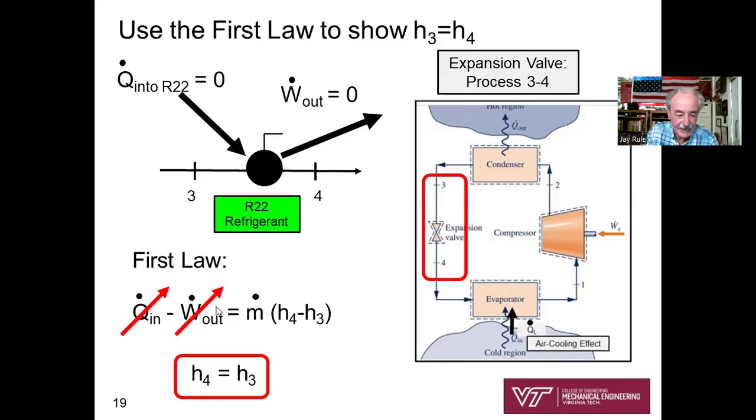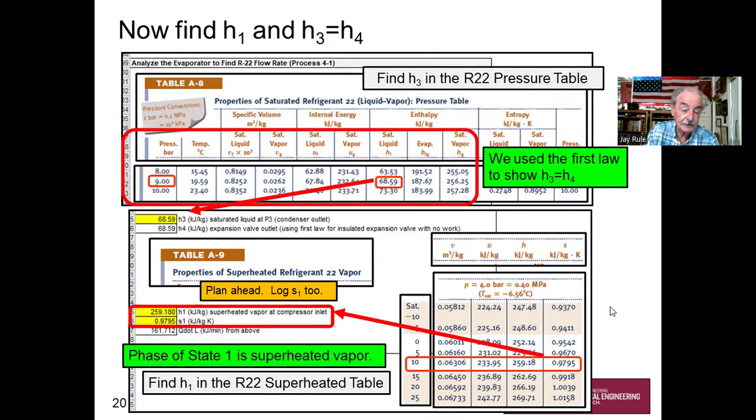Well, look, left-hand side is 0. Divide both sides by m dot that you don't know, and this happy result is H4 equals H3. So can I get a numerical value? If I've got a numerical value for H3, I've got therefore a numerical value for H4. Let's keep plugging ahead. Back to numbers.